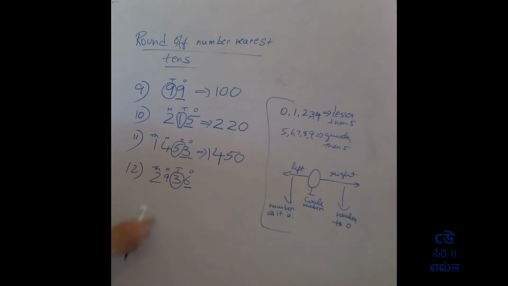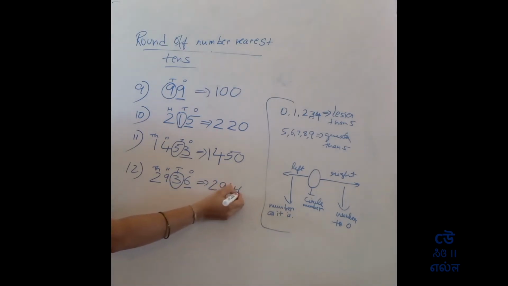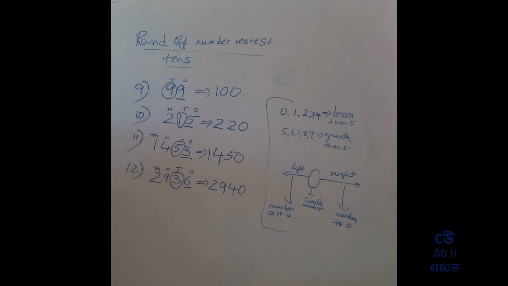So we have to add one to the tens place value, that is we have 3, so it will become 4. Left side to the circle value we have to write as it is. Since 6 is greater than 5, we are increasing this 3 to 4. Okay. Next, right side to the circle value we have to consider as 0. Understood, children, how to do it?